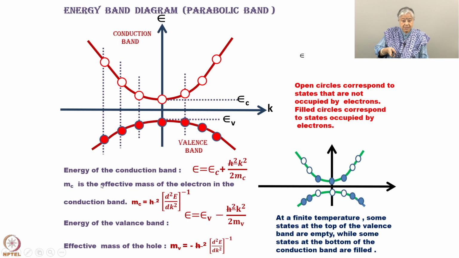Now, in this slide I write mass with a C because it is called the effective mass. mc is the effective mass of the electron in the conduction band, and mv is the effective mass of the hole in the valence band, which is given by this. This is a negative structure, that is why you get this.